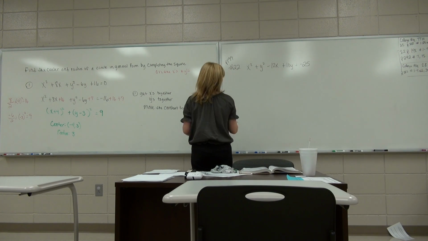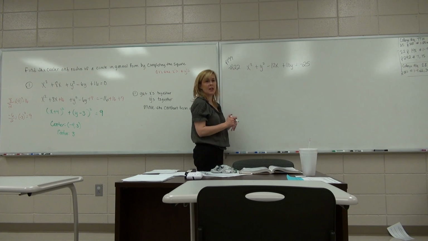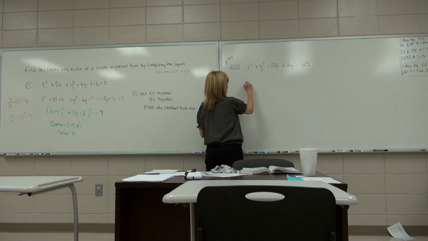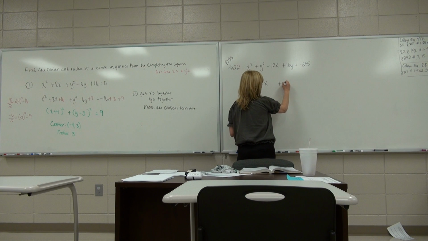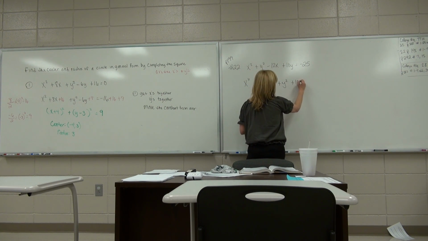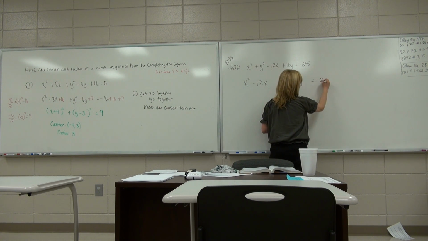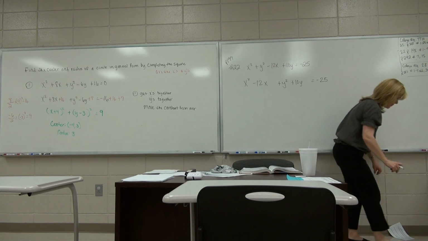So let's look at here. My constant term's already on the other side, but I need to get my x's together. So that's going to be x squared minus 12x, leave some space, plus y squared plus 10y, leave some space, and you've got your negative 25.